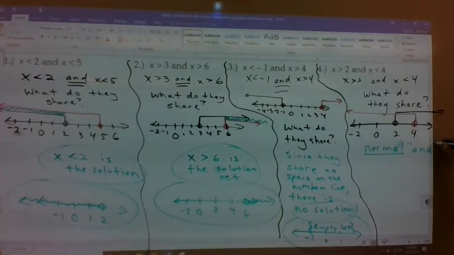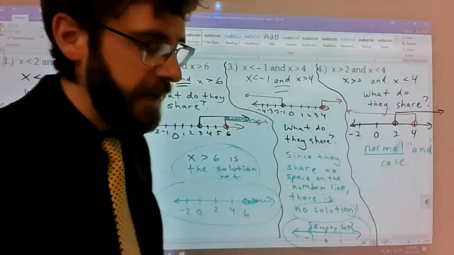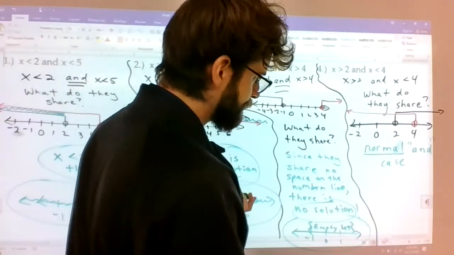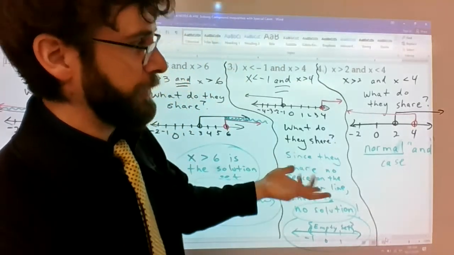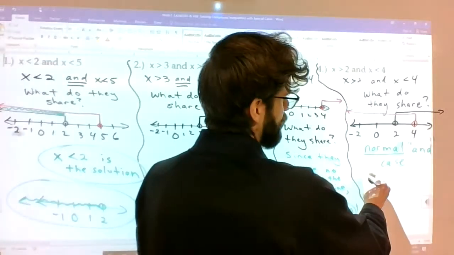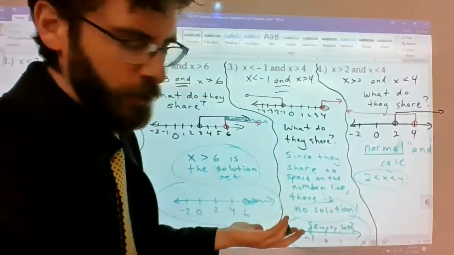Normal and case. Which, if it is a normal and case, what you can do is say, I guess I'm just shading between them. I guess what I could make here is to say that 2 is less than x, which is less than 4, is my solution.